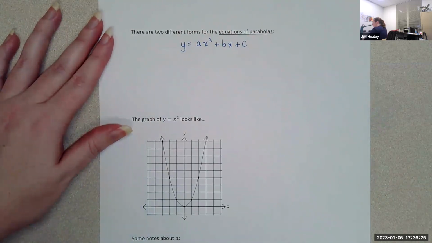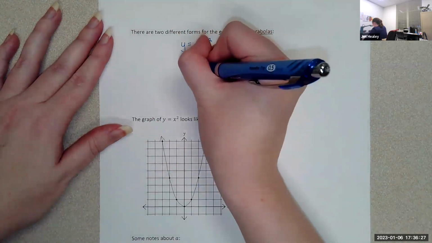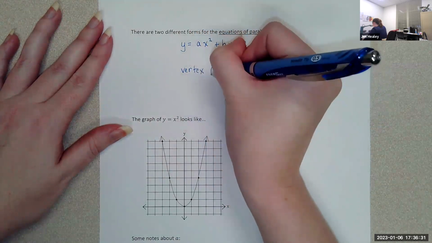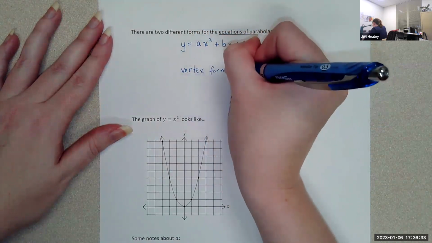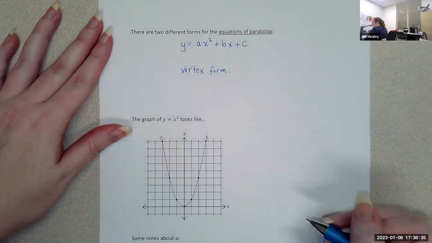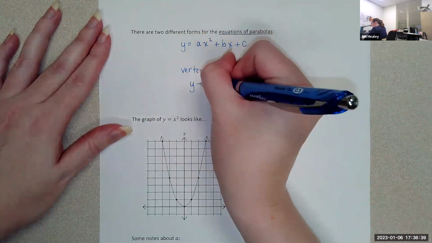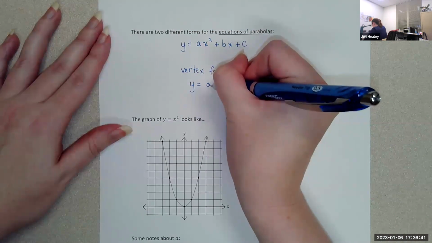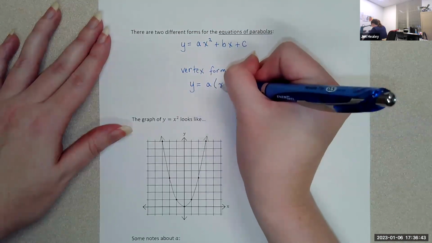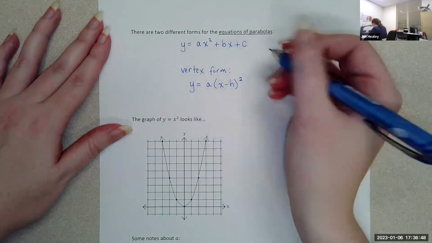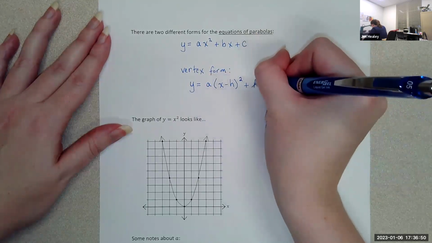The second equation that we'll have for a parabola is called the vertex form. It's useful when you're just trying to locate the vertex for a parabola. Here's what that form looks like: y is equal to a times the quantity x minus h squared plus k.